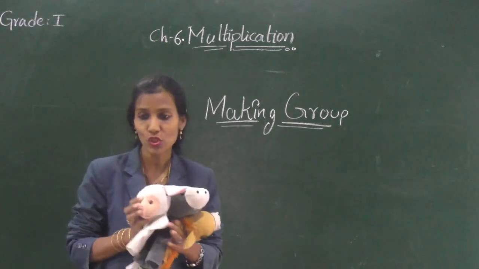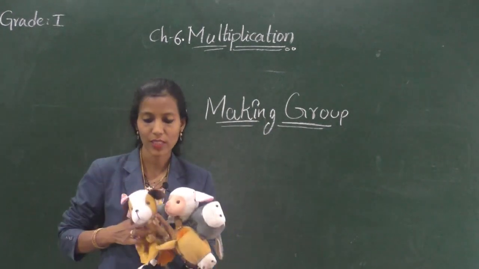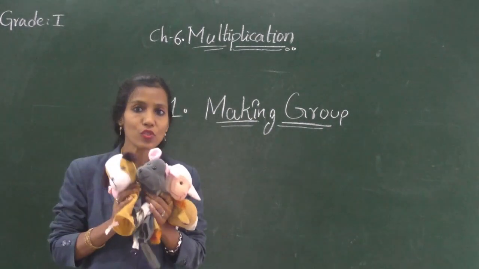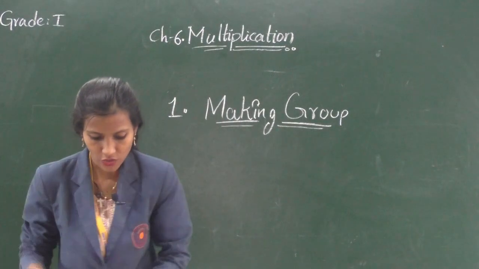I have 2 groups of 3 puppets each. You can see the 3 puppets. So, how do we write?